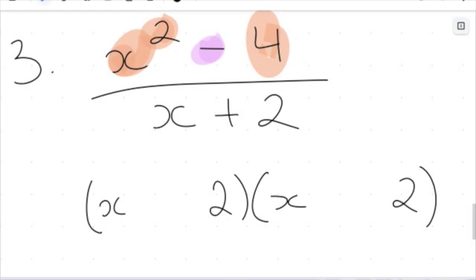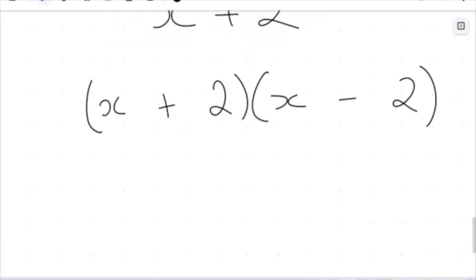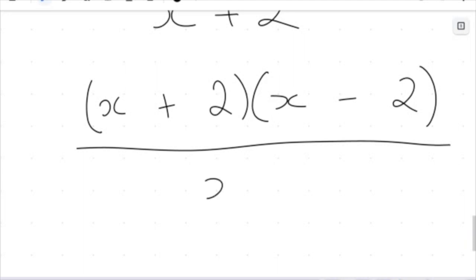One has to be positive, one has to be negative. So those middle terms end up canceling each other out. If you need a bit more revision on this, I have a previous video in the series that you can look at. I'm just working through it a bit quicker because I assume that if you've gotten up to here, you understand how to factorize this kind of stuff already. So I'm working a bit faster.